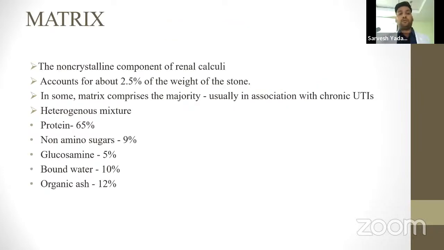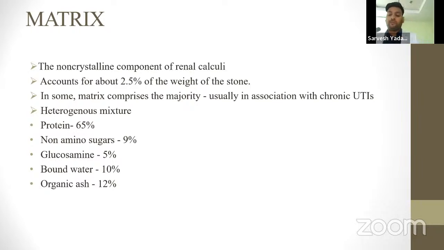Matrix of stone. The non-crystalline component of renal calculi accounts for 2.5% of the weight of the stone. In some cases, matrix comprises the majority, usually in association with chronic UTI cases. It is a heterogeneous mixture comprising protein, non-amino sugars, glucosamines, bound water, and organic acid.